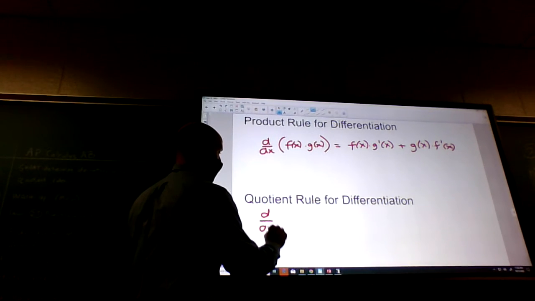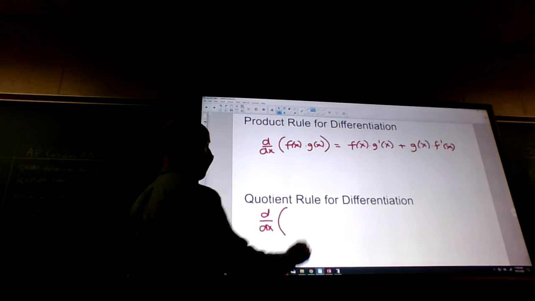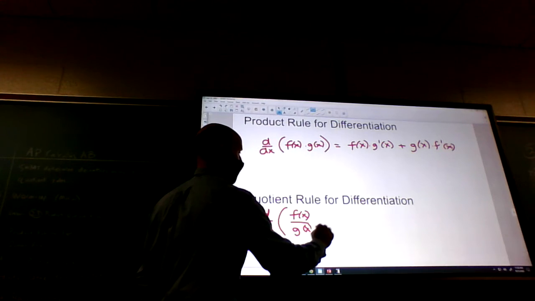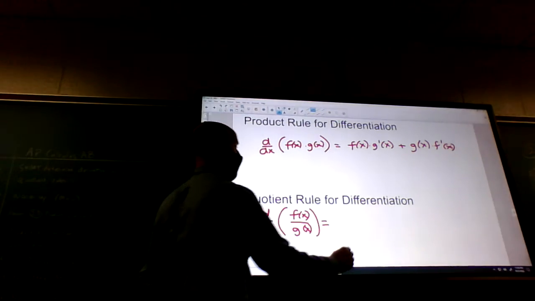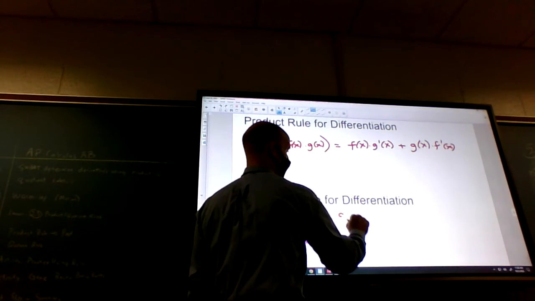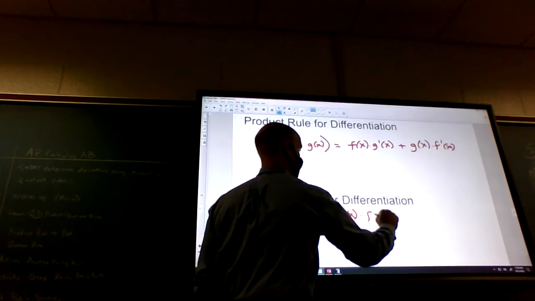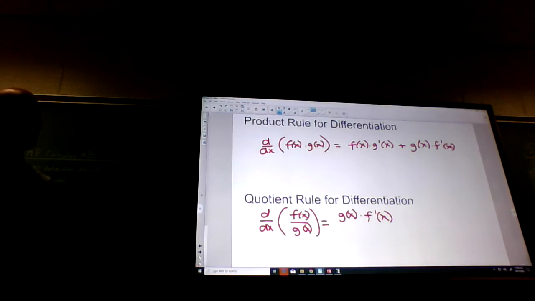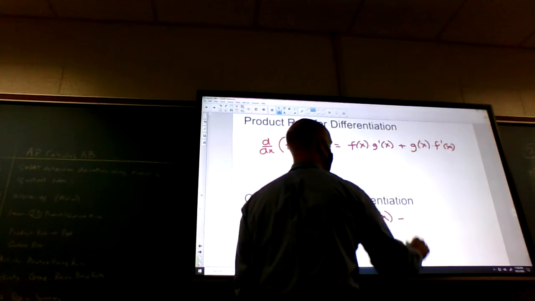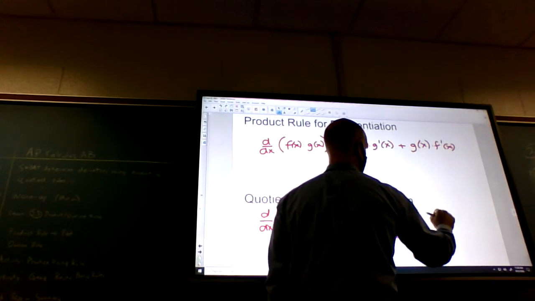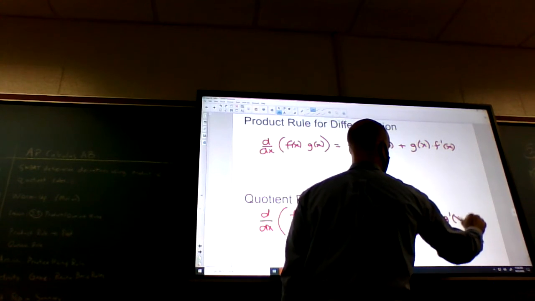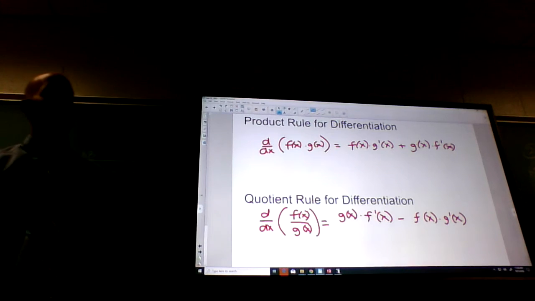So the quotient rule for differentiation is: if I have f of x divided by g of x, that is going to be the same thing as g of x times f prime of x minus f of x times g prime of x, all over the bottom.